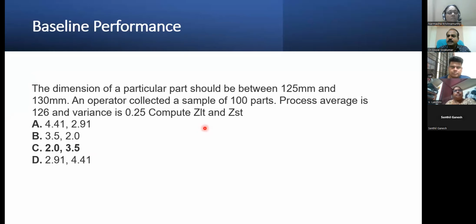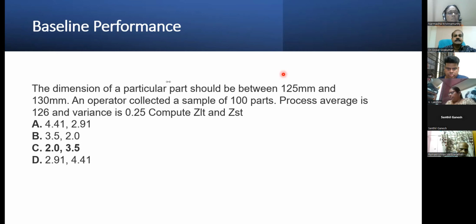Tell me, will you be able to solve this scenario? Read and then tell me. Or do you still require someone to handhold you? Will you be able to solve? If you can solve, please open your sigma level calculator, because sigma level calculator also solves this. Minitab also solves this.